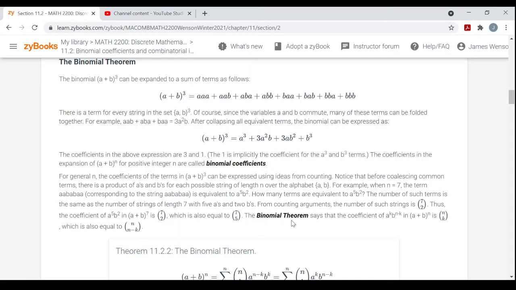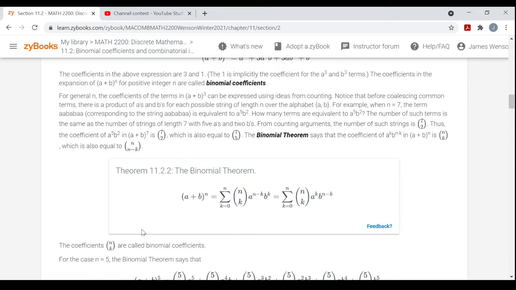The binomial theorem says that the coefficient of a to the k times b to the n minus k in the expansion of a plus b to the nth power is n choose k, or n choose n minus k, because they're the same. Alright, so you get this crazy expression here. Now you've seen sums, right? We've talked about sums before.